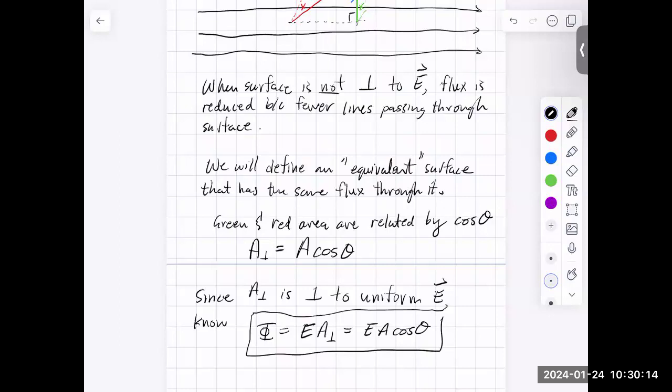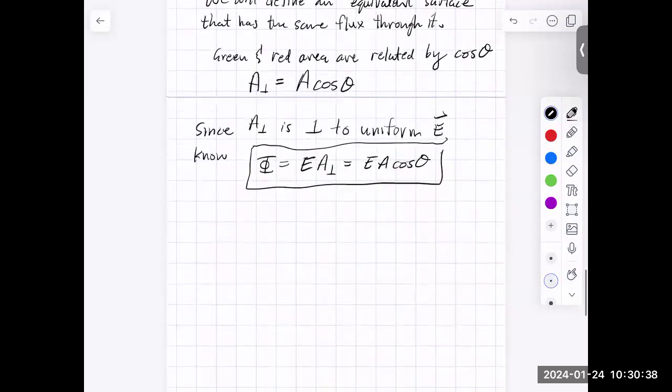What we're going to do is define an area vector. All vectors have a magnitude and a direction. So the magnitude of our area vector will just be the surface area. That part's straightforward. But we're going to have to assign a direction. So let's think about how we're going to do that.